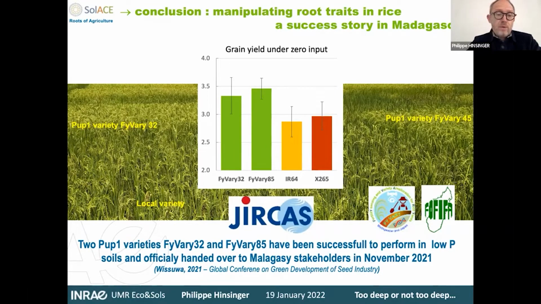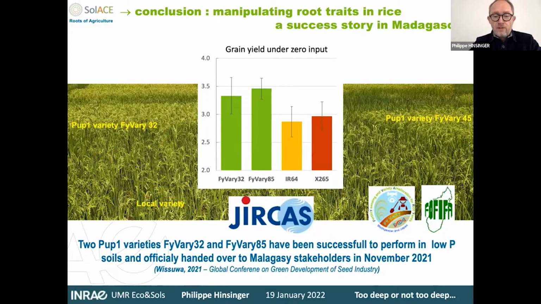So we hope that these novel varieties are going to be taken up, as they are very nice examples of a success story when looking at root traits and selecting for more efficient root traits for resource acquisition efficiency in crops.